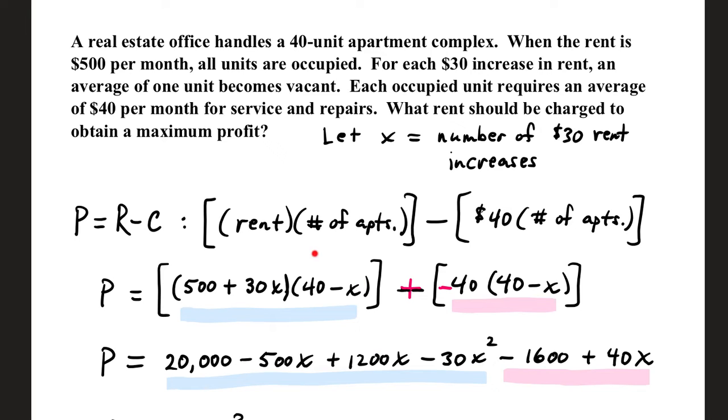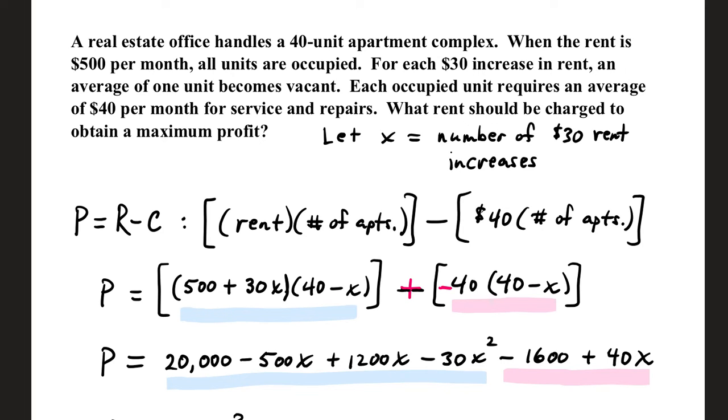Last, negative 30x squared. So what you see underlined in blue is the result of FOIL from the first two. Minus 1600 plus 40x. So distributing negative 40 gives you what's underlined in pink.